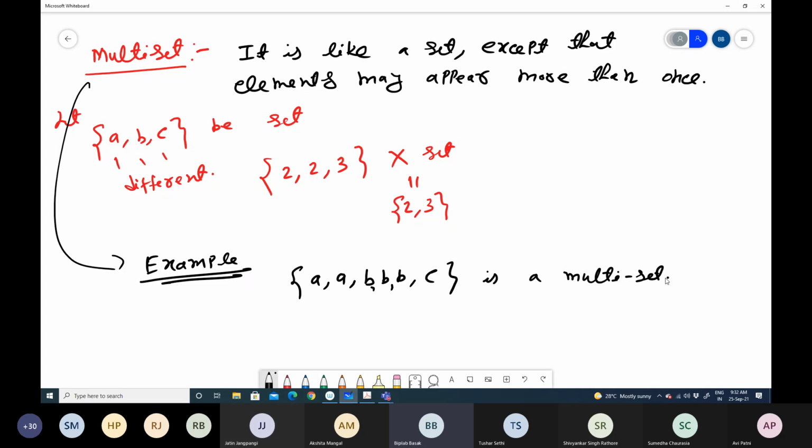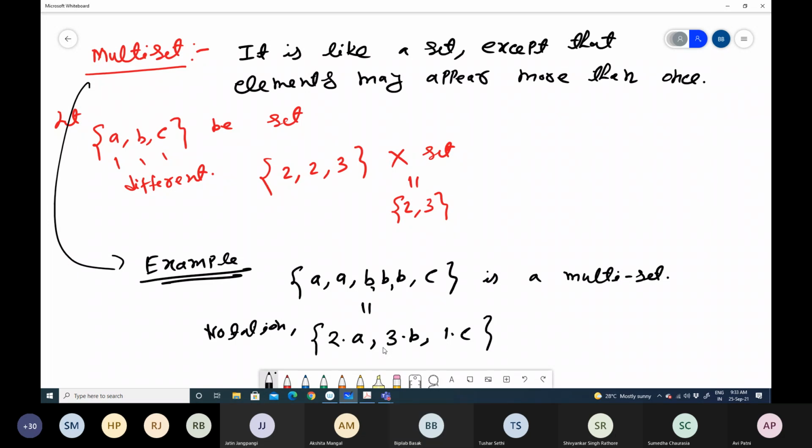Sometimes it may happen that there are 20 times A or maybe infinite times A. But we generally write this in short, as 2 dot A, 3 dot B, and 1 dot C. This is just a notation. It means in my multi-set, A appears 2 times, B appears 3 times, and C appears only once.